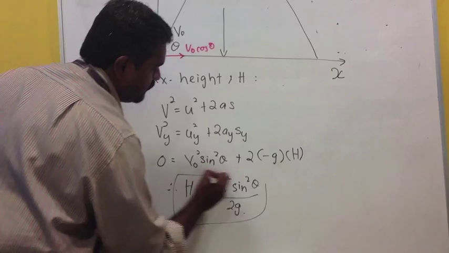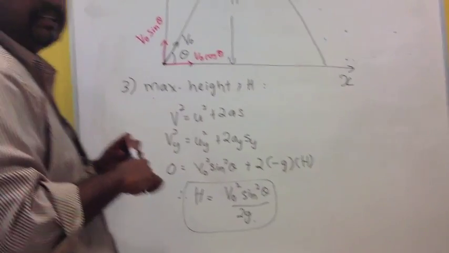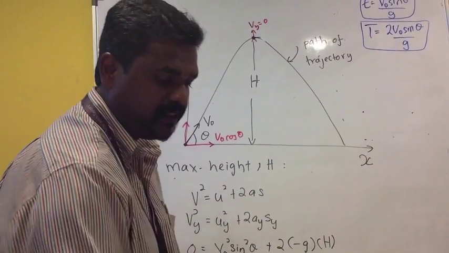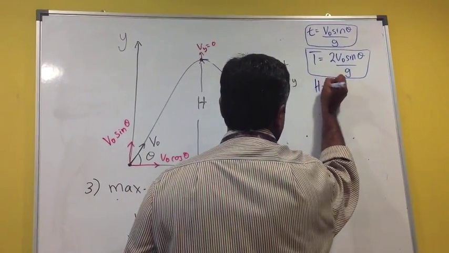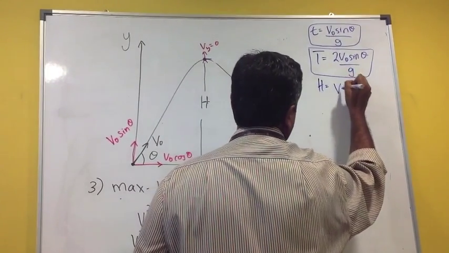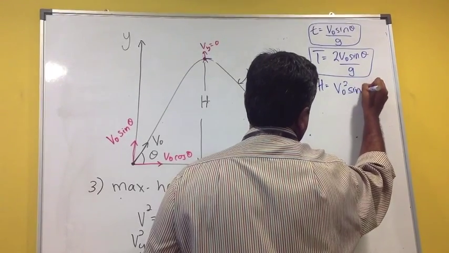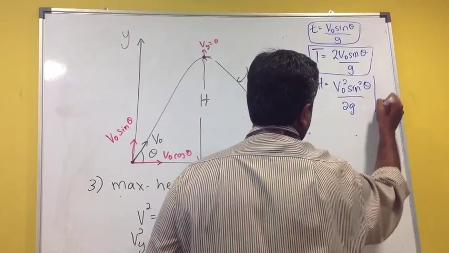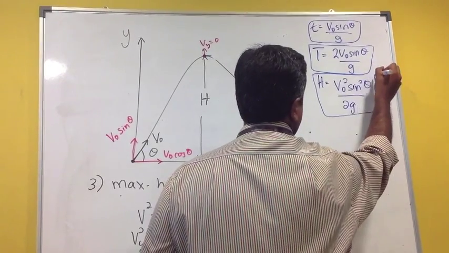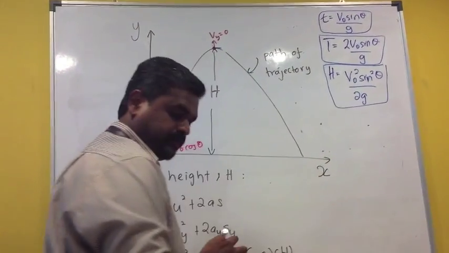And this is the third important result for projectile motion. Again, let's write that down here. H equals v naught squared sine squared theta over 2g. This is the third result.